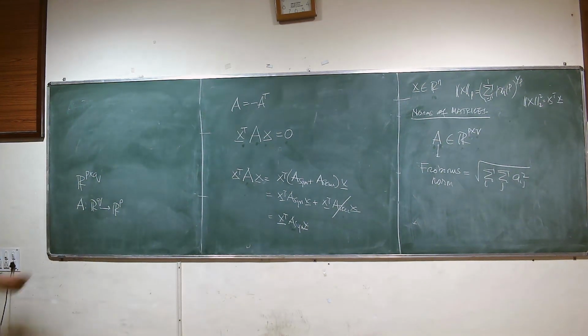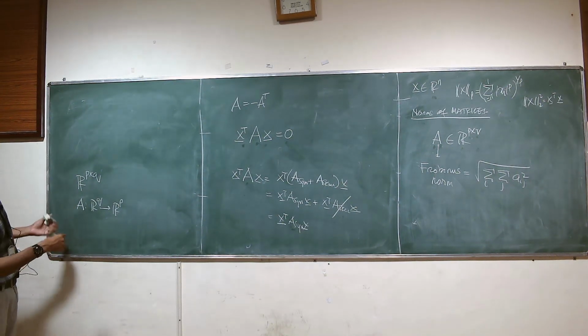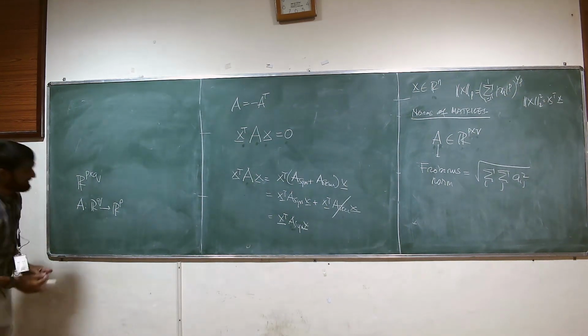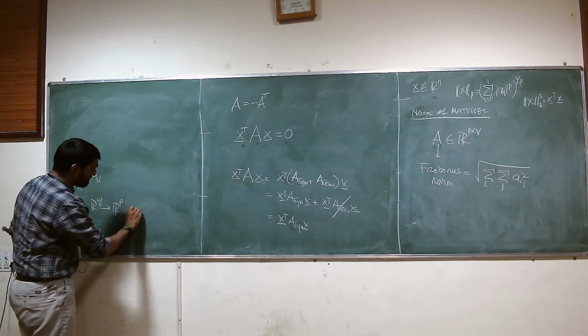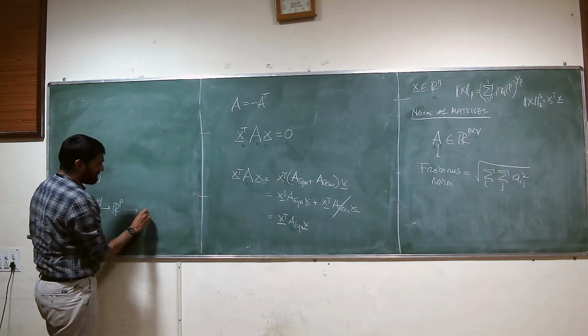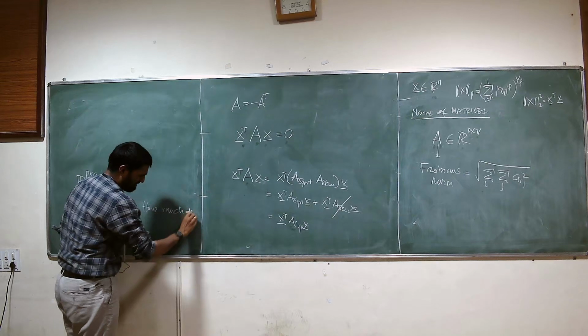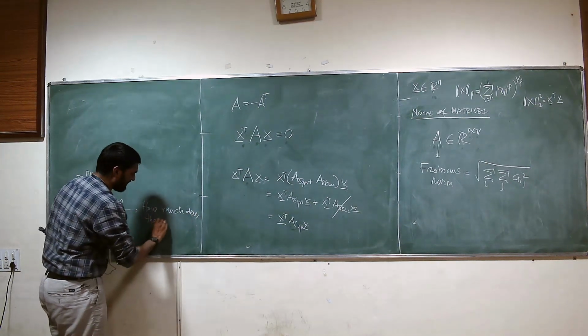Okay. Now, because we can also think of matrices like this, there is another way to think about the matrix norms, simply in terms of how much the matrix amplifies the input.